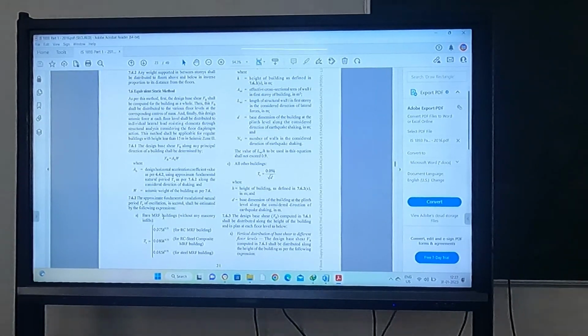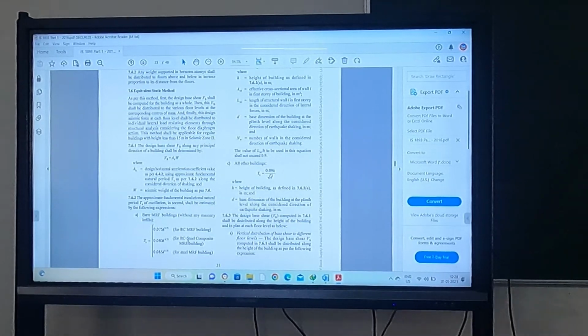MRF means what? Moment resisting frame. So in this building, the formula given for determining the structural period is 0.075 into h to the power 0.75 for RC MRF building. Then again you have a second one for RC steel composite building and a third one for steel MRF building. In this case our structure is a reinforced concrete structure and again it is a bare frame structure. So we will be going for this formula for determining the period.